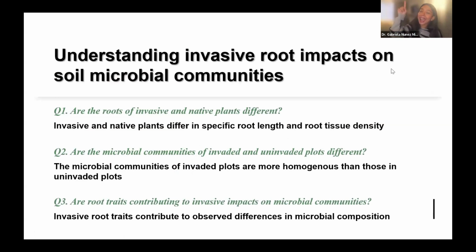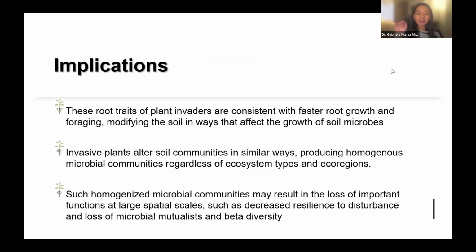So to recap what we found here for question 1, invasive and native plants differ in specific root length and root tissue density. For question 2, microbial communities of invaded plots tend to be a lot more homogeneous than those that are in uninvaded plots. And for question 3, invasive root traits do indeed contribute to these observed differences in microbial composition.